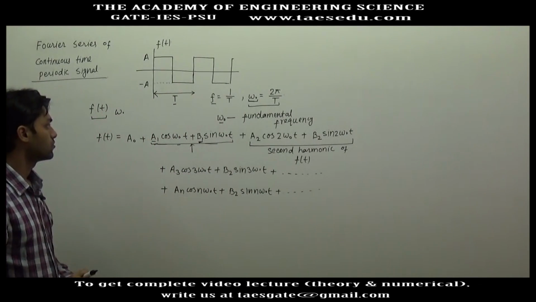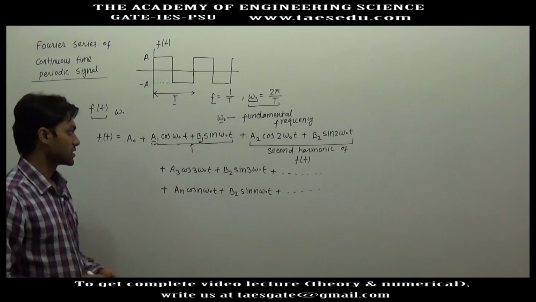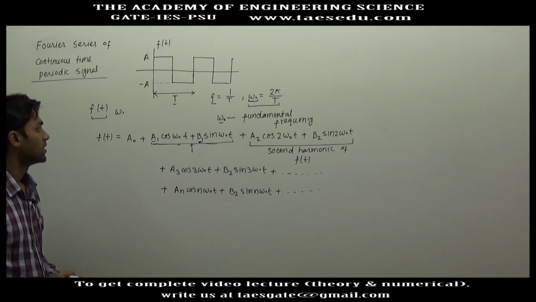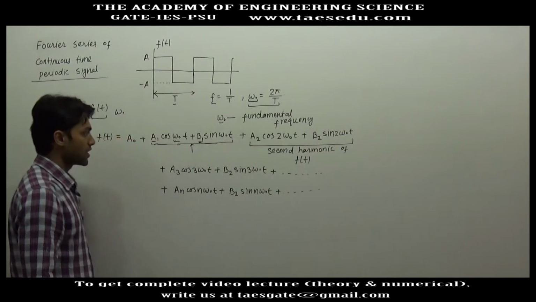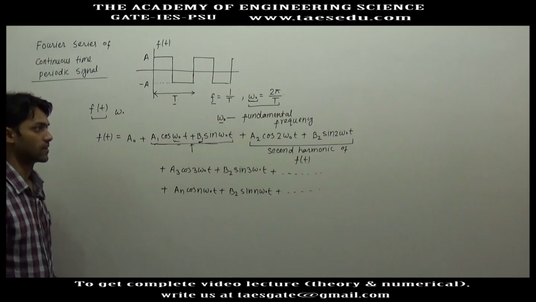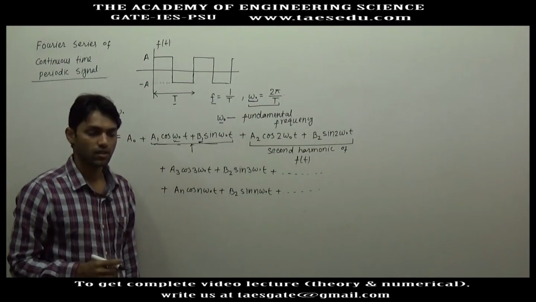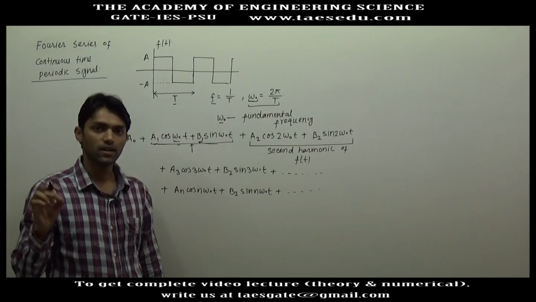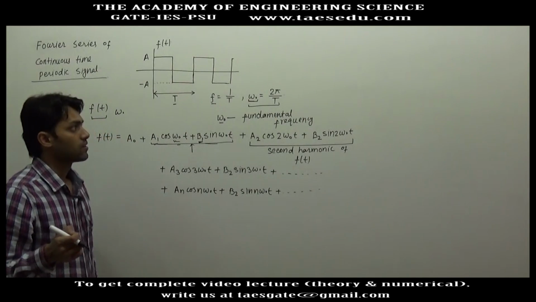So I hope you got an idea about the Fourier series representation. We talked about the frequency of the sinusoidal terms, but I did not talk about the amplitude of the different components. Like in the formation of a square wave, I made a fundamental component and made the amplitude of the third harmonic very small.